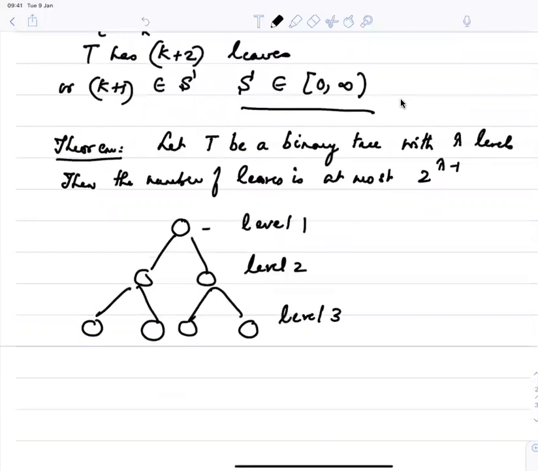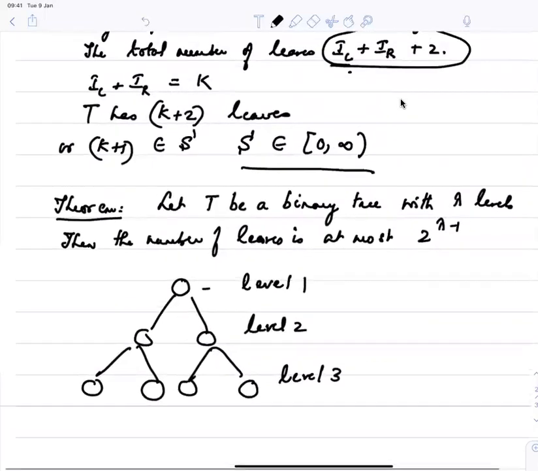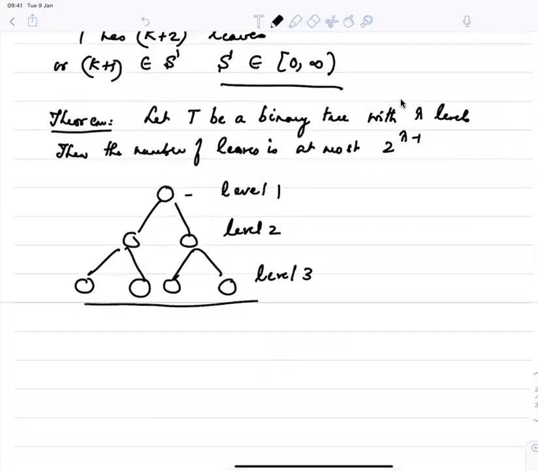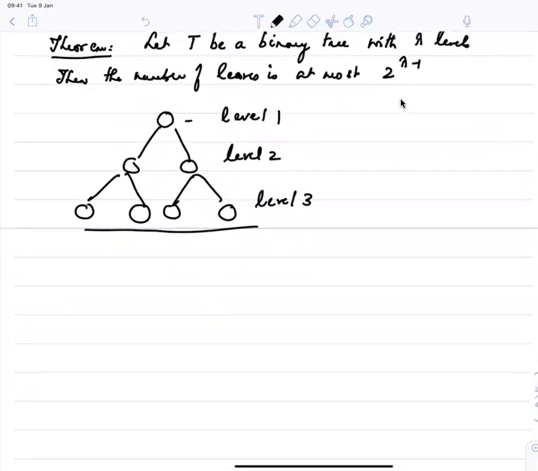See, this is 2 to the power 2 minus 1. So level 2 has 2 nodes, level 1 has 2 to the power of 0, which is 1 node, and level 3 has 4 nodes and so on. So it's easy to verify this. Let's prove this.